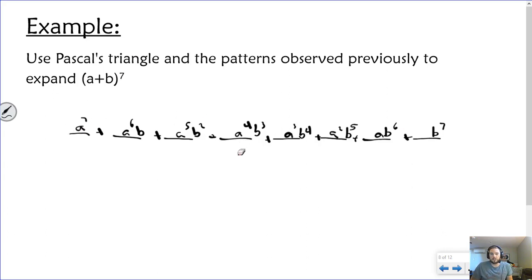Okay, so we have our A's, we have our B's. The last thing we need to do is find our coefficients, right? So again, we use Pascal's triangle.